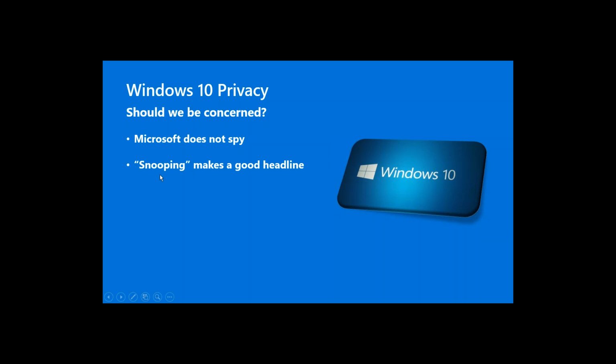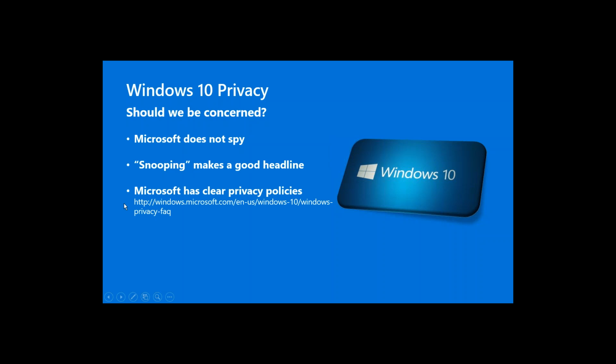Snooping makes a good headline. Around the Windows 10 launch, there were a lot of headlines about Windows 10 getting information about you and passing that on, and what it searches. That's a good news story. People will read those things and tend to buy into them. But again, Microsoft is not in the spying or the snooping business.